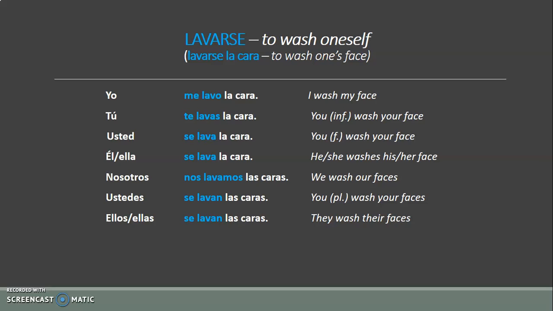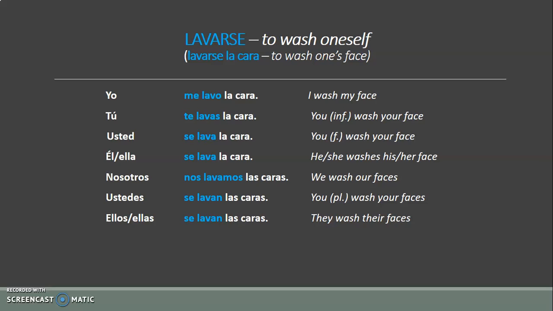So let's apply it using the same reflexive pronouns we just learned: me, te, se, nos, and se. Yo me lavo la cara. That means I wash my face. Tú te lavas la cara. You wash your face. Usted se lava la cara.